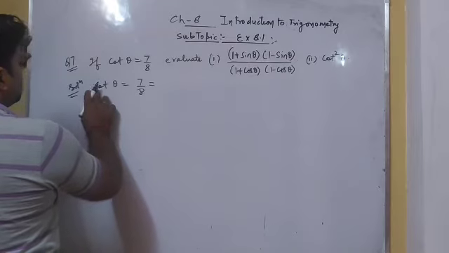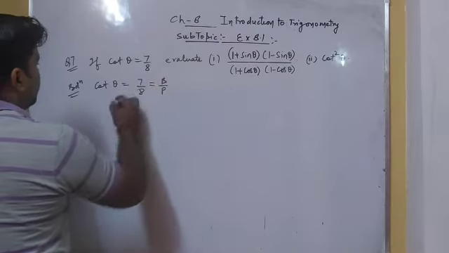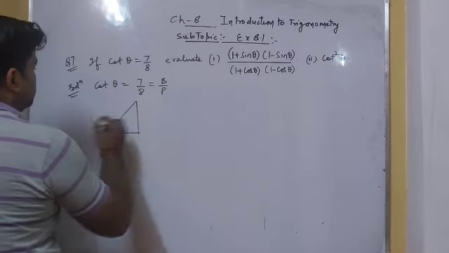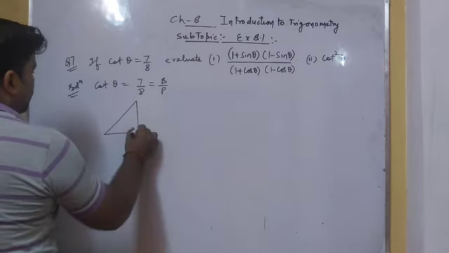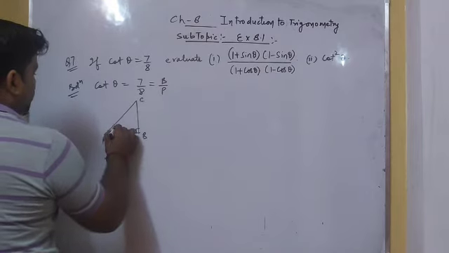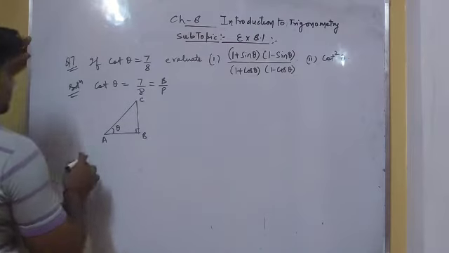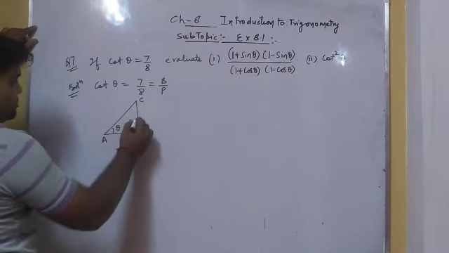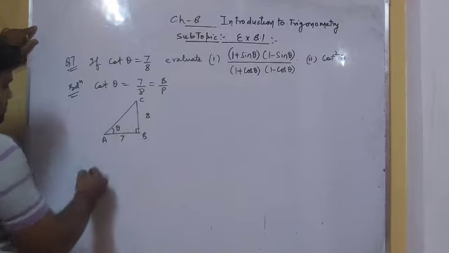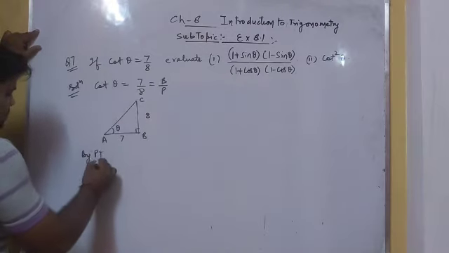We know that the cotangent of angle theta is the ratio of base upon perpendicular. For this we draw a triangle here, so we can consider it as triangle BAC, where angle theta is at A and angle B is 90 degrees. Here it is given that the perpendicular is 8 and the base is 7. We have to calculate this AC by the Pythagoras theorem, because it is the hypotenuse.